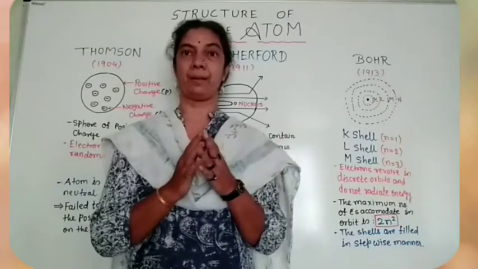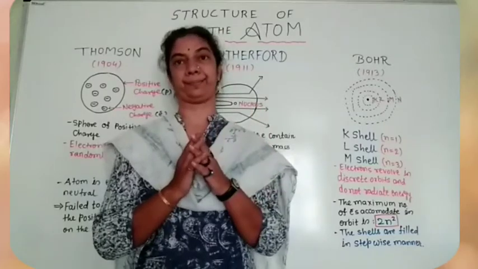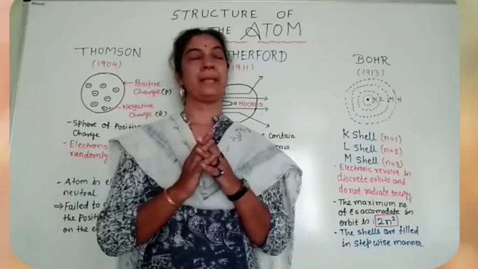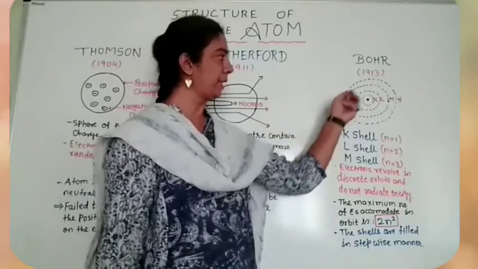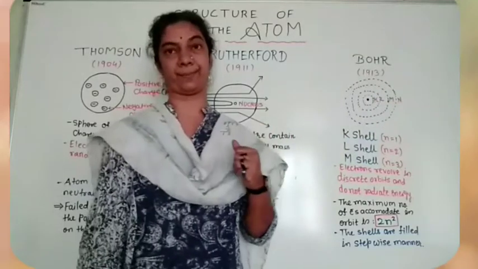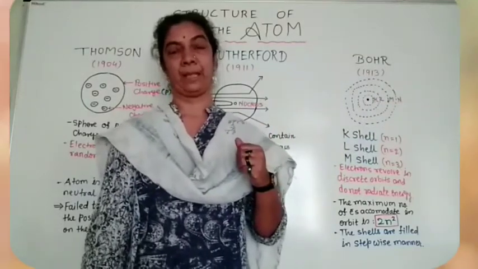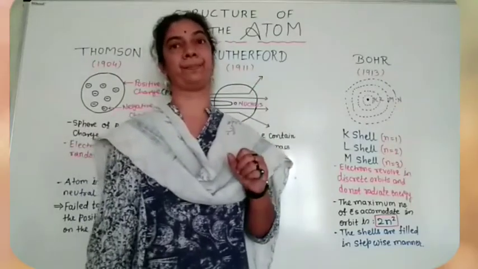That means they are revolving on a stationary path. He gave the name orbits to these stationary paths.